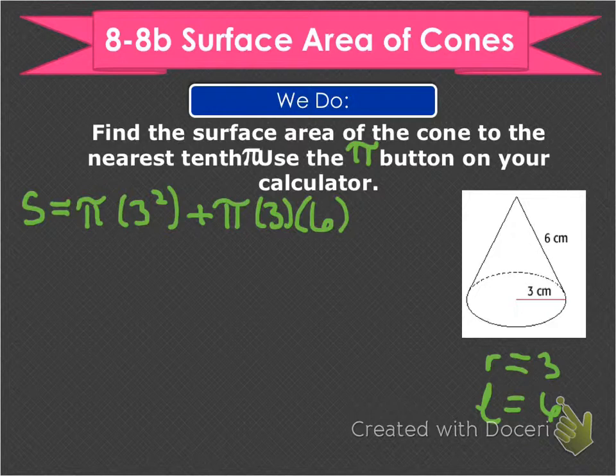Now, I wouldn't round anything. It's a lot easier if you just put all of this in the calculator at the same time. Just hit pi 3 squared plus pi times 3 times 6. When you do, you're going to get 84.8 centimeters squared.